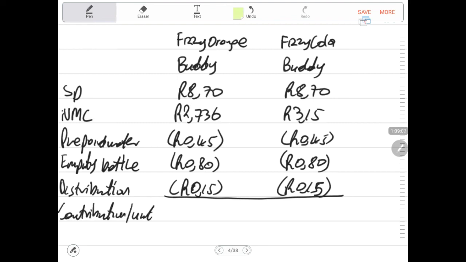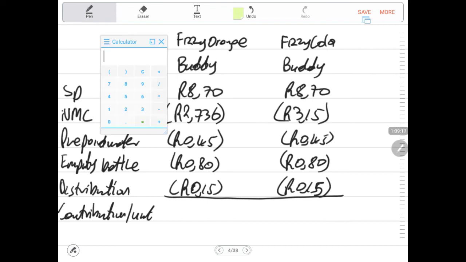There's no other cost that I remember that will be missing. So we have 8 rand 70 minus the in-house variable cost 2.736, minus 0.45, minus 0.80, minus 0.15.